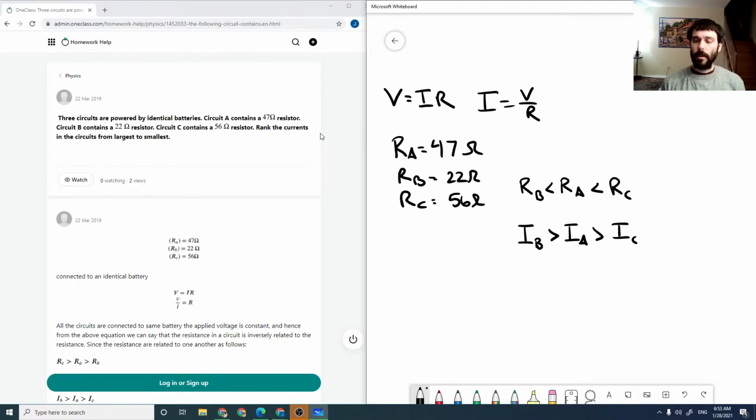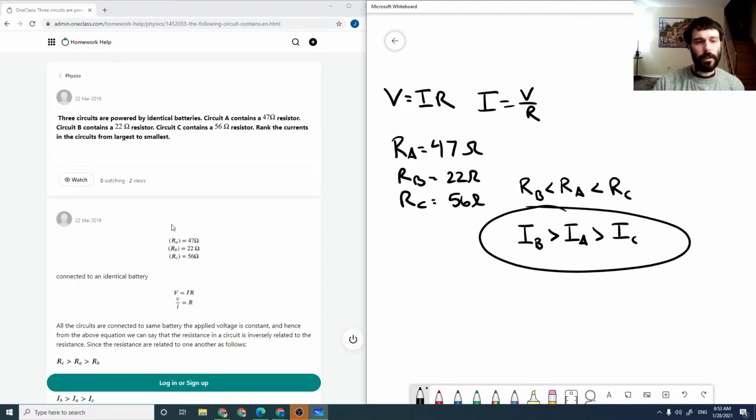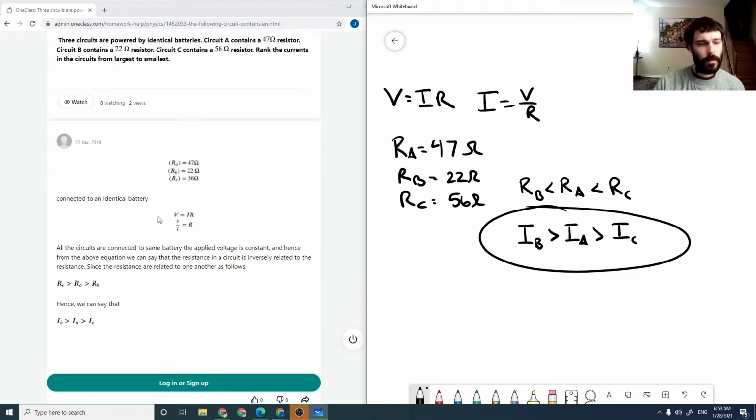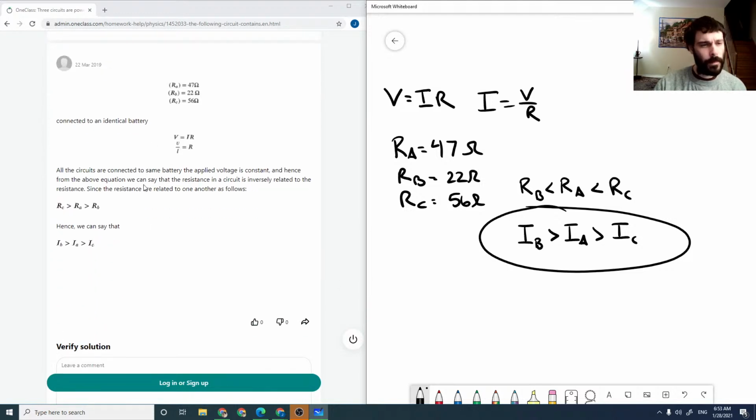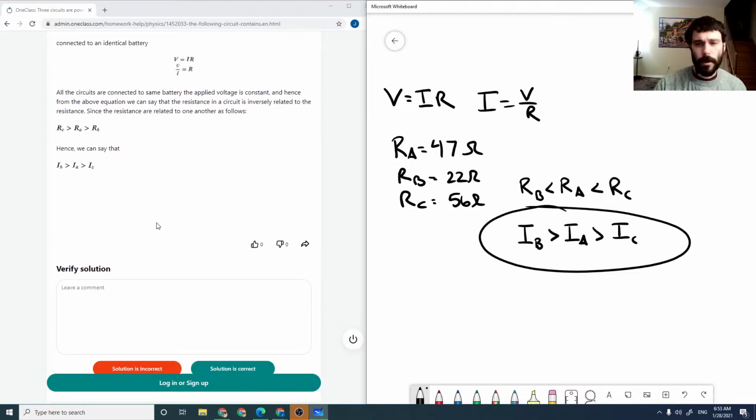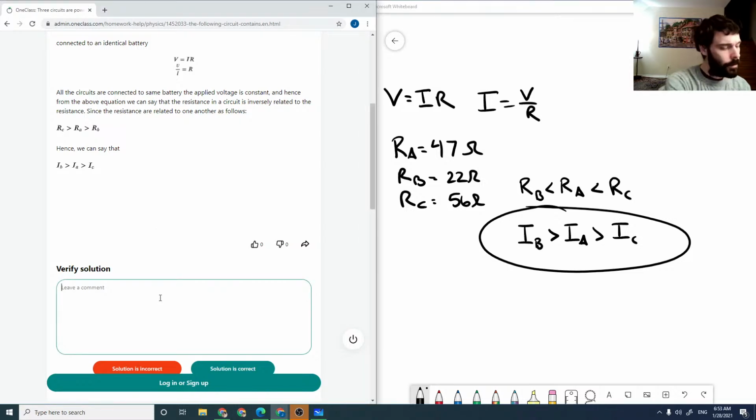And so that's our ranking from largest to smallest. Checking our solution here. That's basically what they have there. So that looks good.